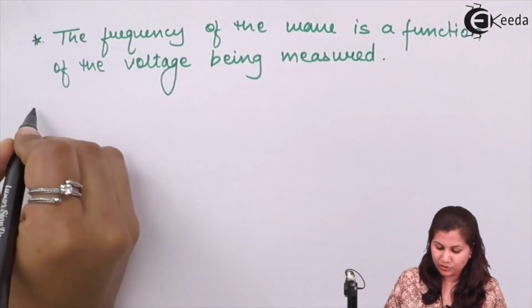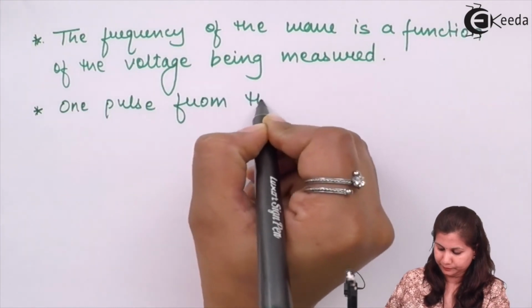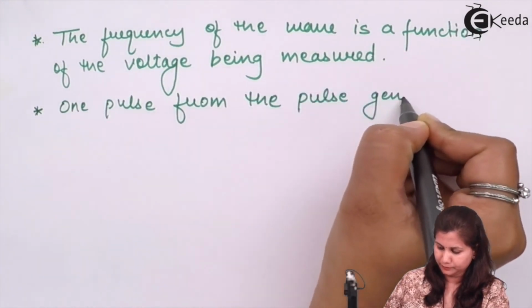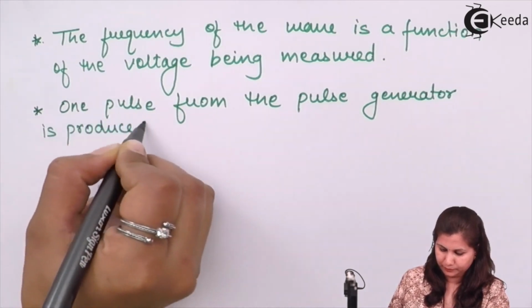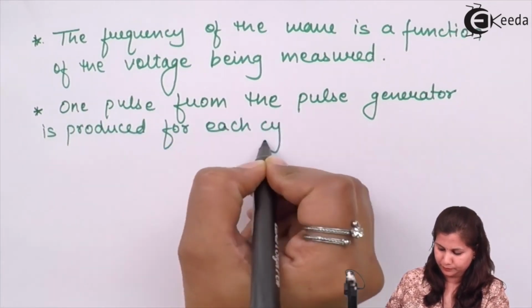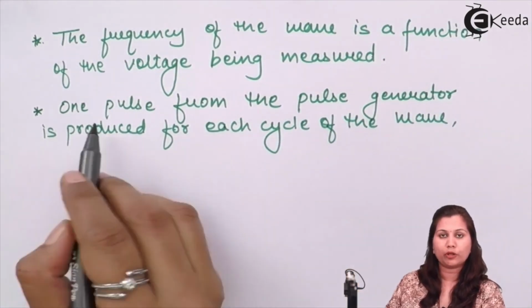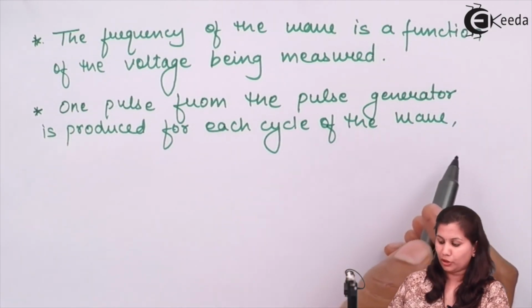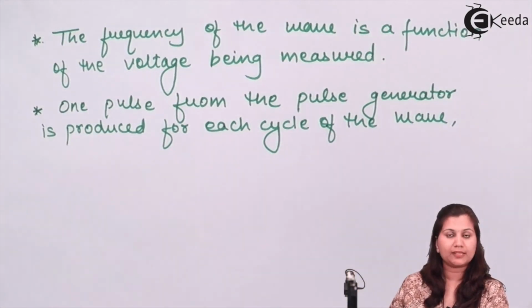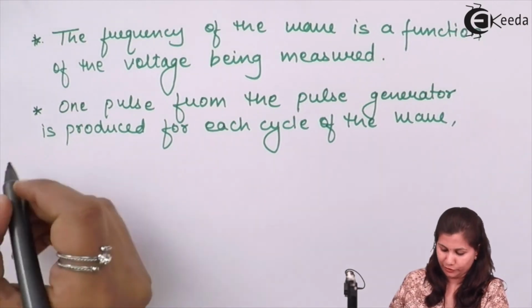So one pulse is generated. One pulse from the pulse generator is produced for each cycle of the wave. So in this way, the number of pulses being generated in a fixed period of time will be equal to the magnitude of the input voltage.